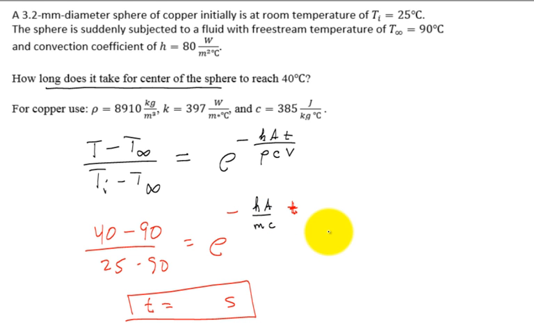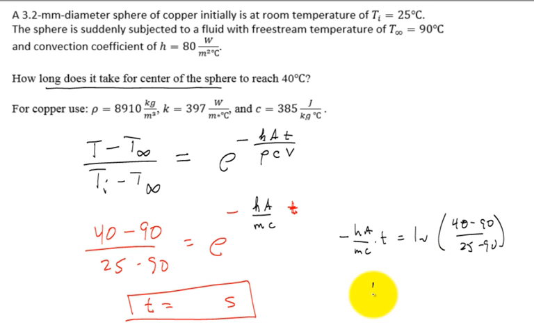And then I would do this. I would say take the natural log of both sides, and so I'll have minus HA over MC times t equal to the natural log of 40 minus 90 divided by 25 minus 90. I would make sure I could get that natural log and it looks reasonable.